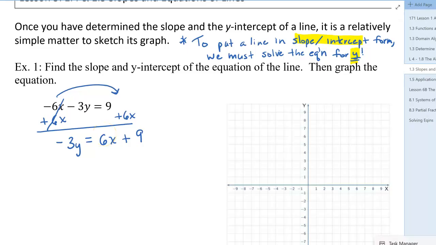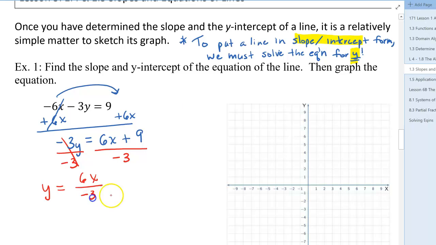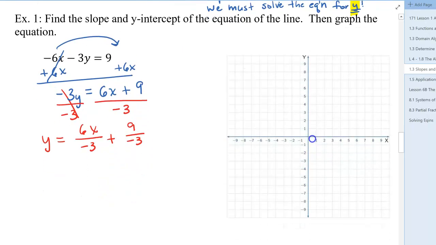Now what I need to do is divide both sides by negative 3, everything by negative 3. These cancel to 1, so I have y is equal to 6x over negative 3 plus 9 over negative 3.